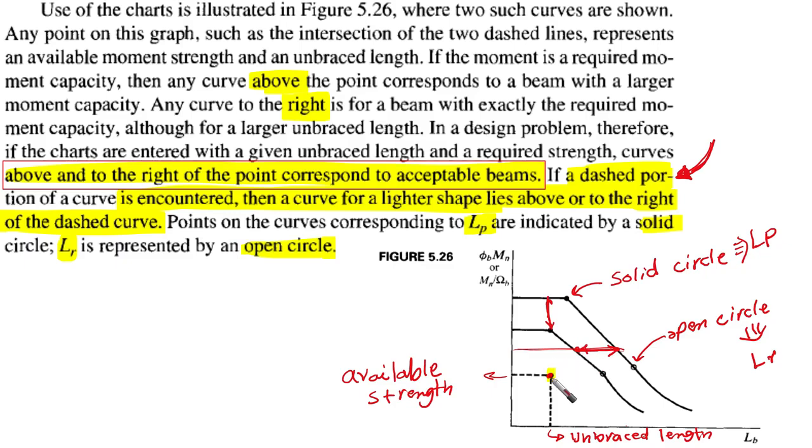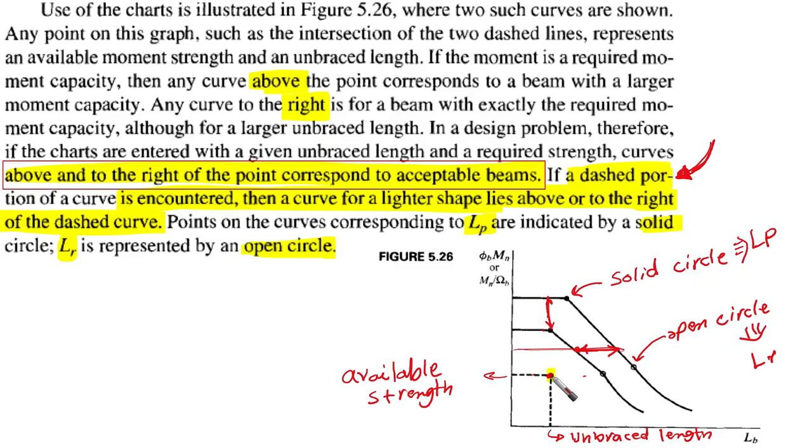Whenever you look at this, you need to choose one cross-section or one curve that is satisfying this. Whenever you are looking at this point, you need to look up or to the right. So whenever you go up, the first solid curve, take care of the word solid here, that is going to encounter you, then you can use it because its nominal strength is going to be higher than the required strength that you need.